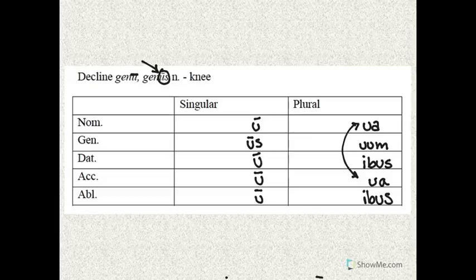I'm sure you're all wondering, how do I translate when I have 4 of the forms that look the same? Plus, ua is the same for the nominative and accusative, and then ibus is the same for the dative and ablative. Well, it's all based on context. And keep in mind, the Romans never made sentences that they couldn't make sense of themselves. It's always possible to determine the case. A lot of times you can rely on the help of an adjective, which might help you out and show you what the case should be.